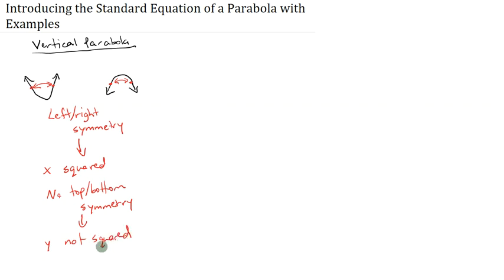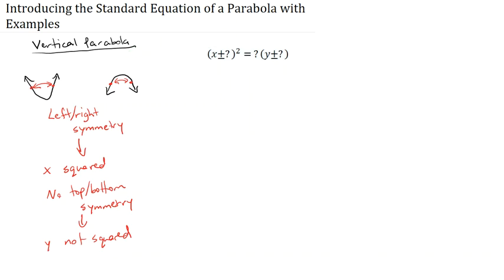And so the standard equation for a vertical parabola looks like this. You're going to have x plus or minus some unknown number, squared, equals another unknown number times y plus or minus some unknown number. Now don't overcomplicate this.